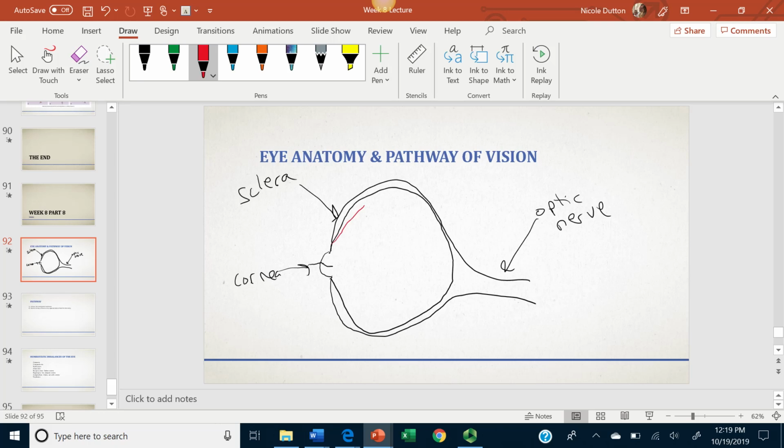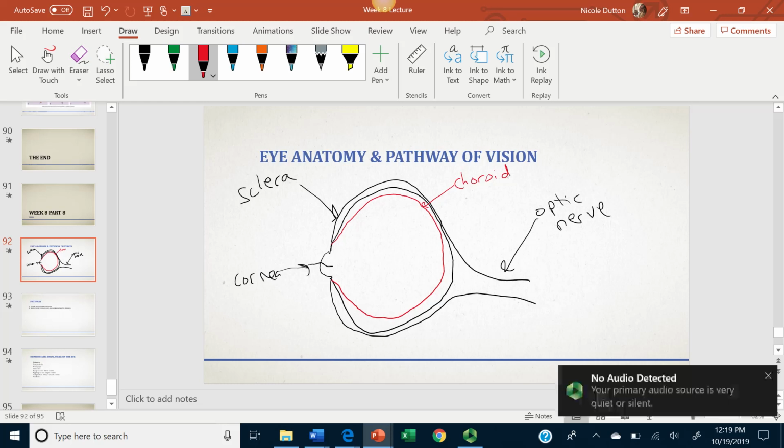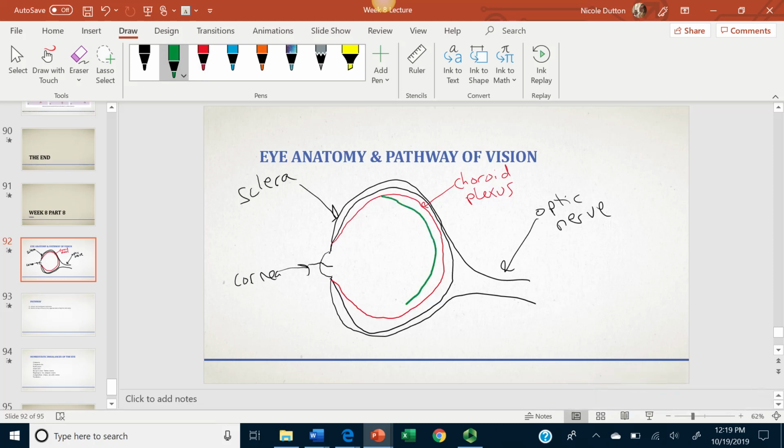Underneath the sclera, we have the choroid plexus, and that's going to provide the blood supply to the eye. And then starting in the back of the eye, covering the back of the eye, we have the third layer of the eye, which is known as the retina.